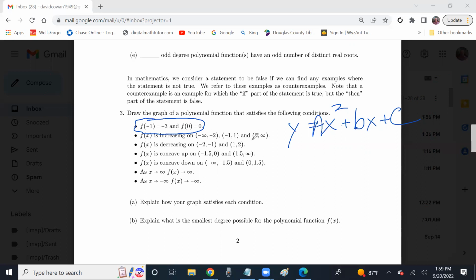Actually, there's an easier way to do it. Let's do it the easy way. Instead of putting it in standard form, let's put it into X-Intercept form.